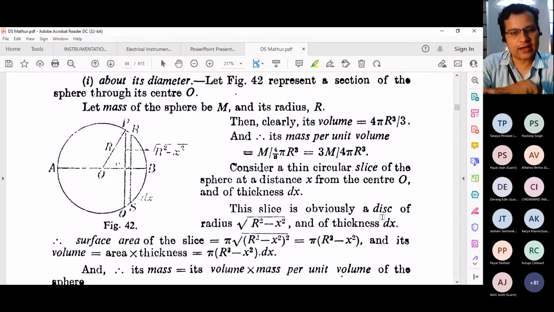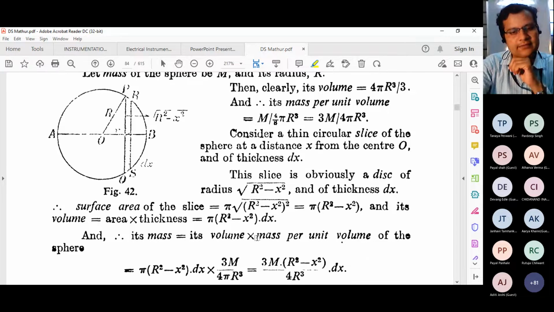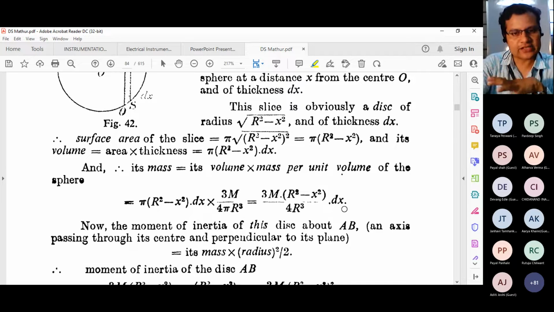If we calculate the volume of the small thin circular slice, and relate it to the whole volume of the body, you get the mass content of the slice. Doing the calculations, we get 3M (r square minus x square) divided by 4r cube into dx as the mass content of that particular thin circular slice.